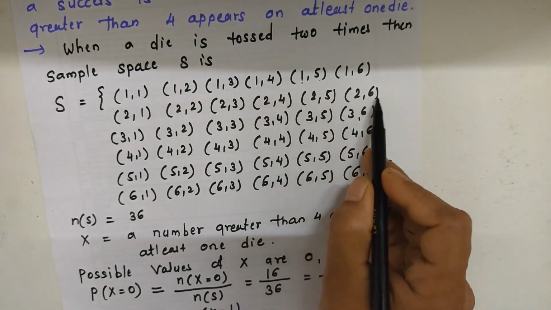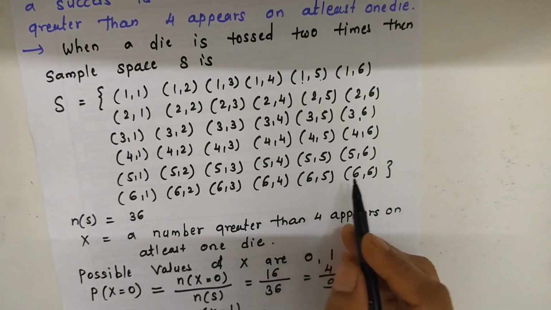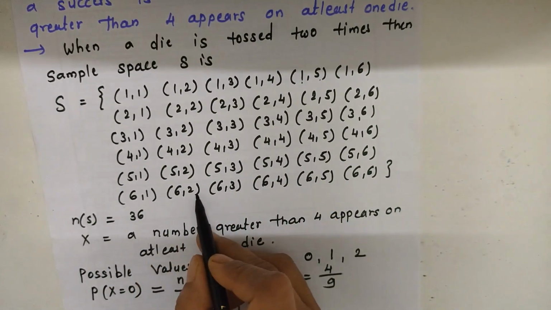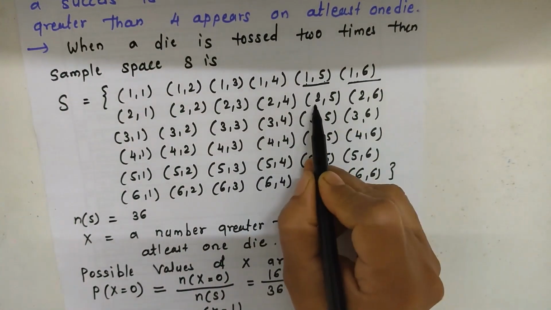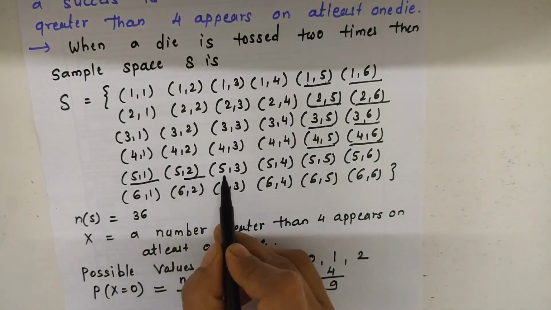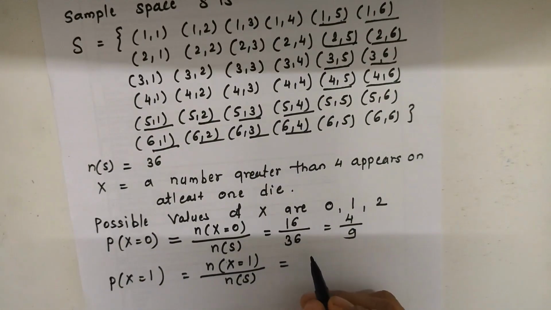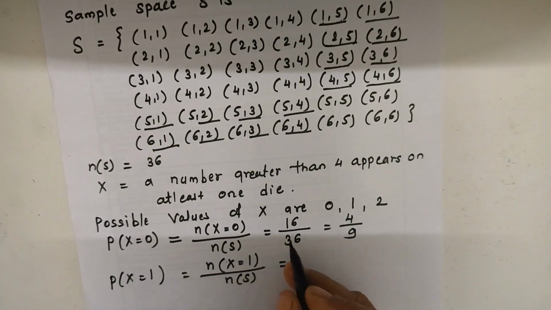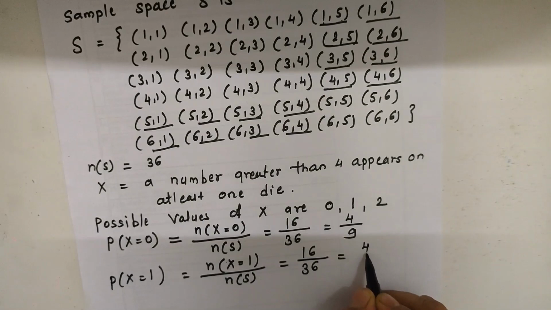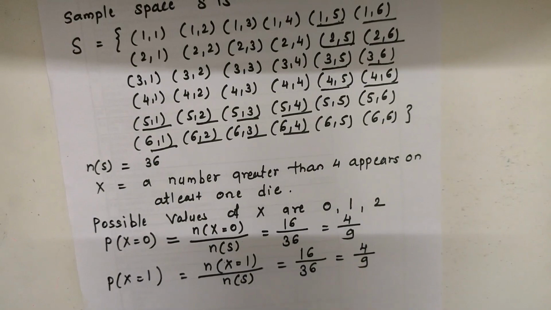Also 2 5, 2 6, 3 5, 3 6, 4 5, 4 6 and 5 1, 5 2, 5 3, 5 4, 6 1, 6 2, 6 3, 6 4. That makes 16 pairs. So the probability for X equal to 1 is 16 upon 36, that is 4 by 9.